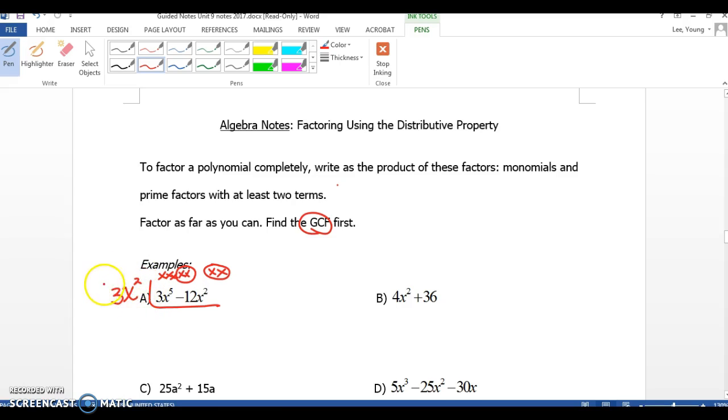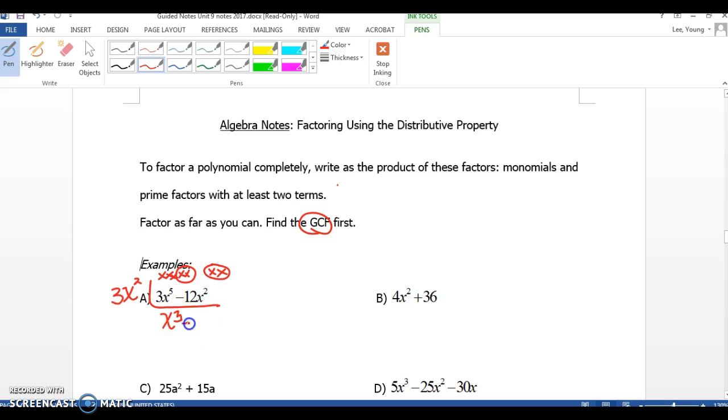Once you pull out the greatest common factor, you're just dividing from the binomial. So what is 3x to the 5th power divided by 3x to the 2nd power? When you divide, what do we do? We divide the coefficients and we subtract the exponents. So 3 divided by 3 is 1. x to the 5th divided by x to the 2nd is x to the 3rd power.